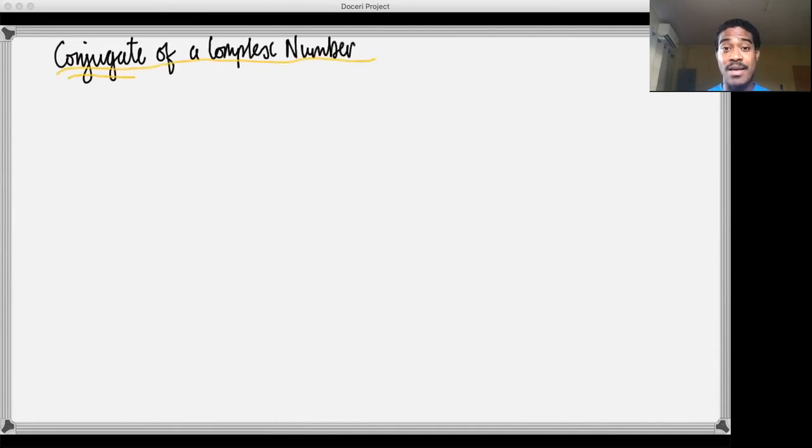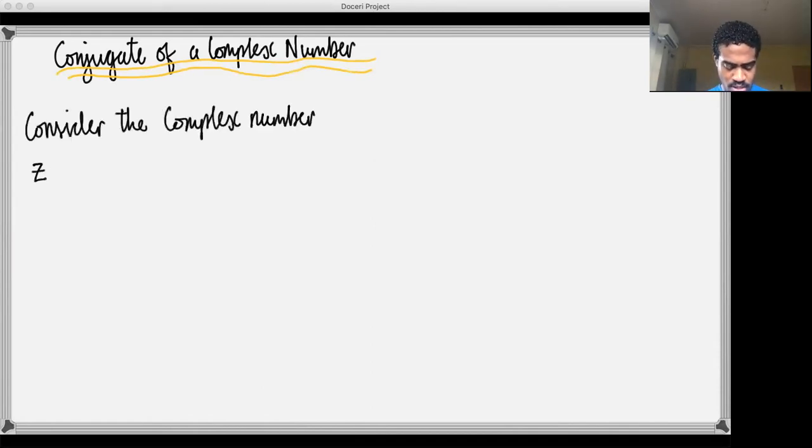So the little heading here is the conjugate of a complex number. And you're probably asking, what is the conjugate of a complex number? Let's consider a complex number, z is equal to x plus iy, where x and y are just variables. They could be any real number. So consider the complex number here.